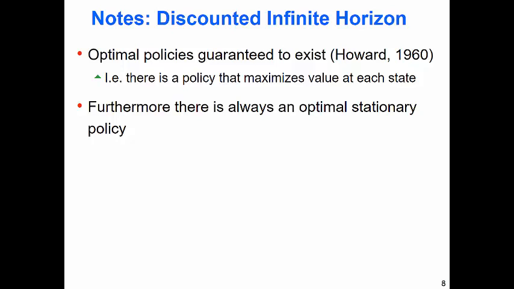And further, there's always an optimal stationary policy, as opposed to the finite horizon setting where we had to consider non-stationary policies. This kind of makes sense. If today I'm here in this state, and I make a certain decision, and then tomorrow I'm in this exact same state, and like yesterday, I have an infinite horizon ahead of me.